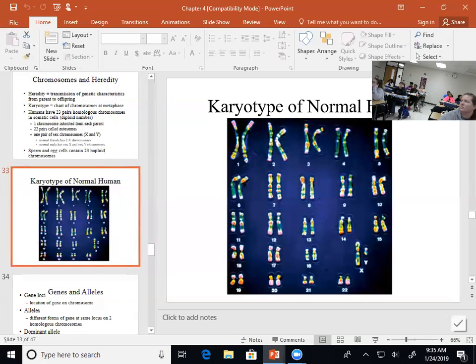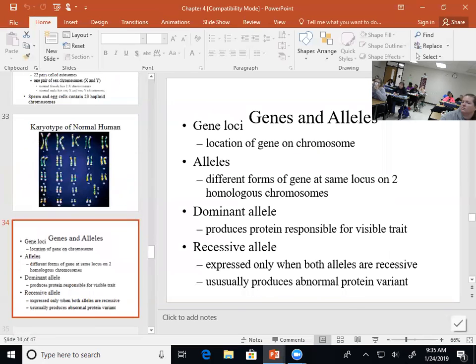A genetic counselor would be able to look at one of these and know dozens of different chromosomal anomalies that can happen. Can a karyotype tell you everything? No, it can't assure you of everything, but it can tell a genetic counselor a lot.